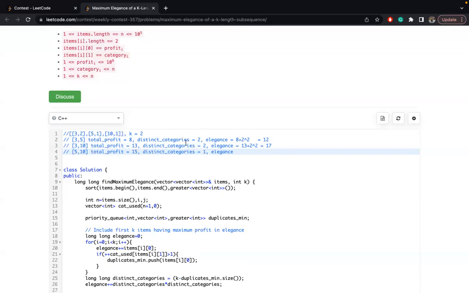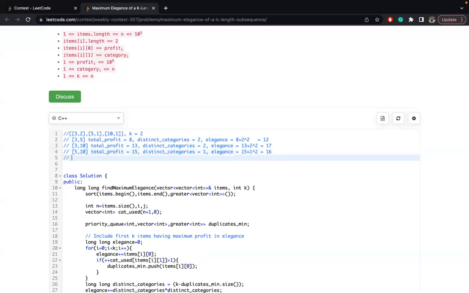So just one category is used, and here the answer will be 15 plus 1, that means elegance will be 16. But the answer will be the maximum of all these elegances, the maximum of the elegance possible for all these subsequences, that is 12, 17 and 16. So the answer will be 17, right? This is how you can understand the question.